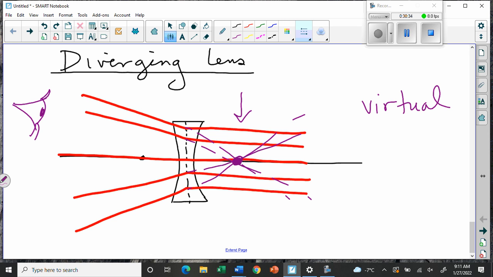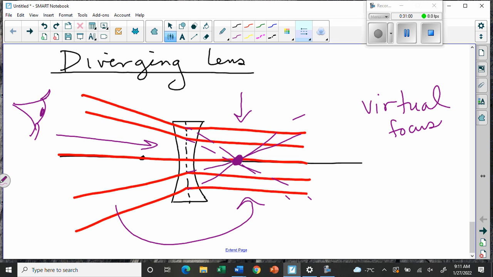You have to be looking this way, like the eyeball. You see this focal point inside the lens. But if you walk around to the back, it isn't there. There won't be focusing light rays there because none of these purple rays are real. They're virtual rays. So we have a virtual focus. It looks like it's in the real world, but it's not.